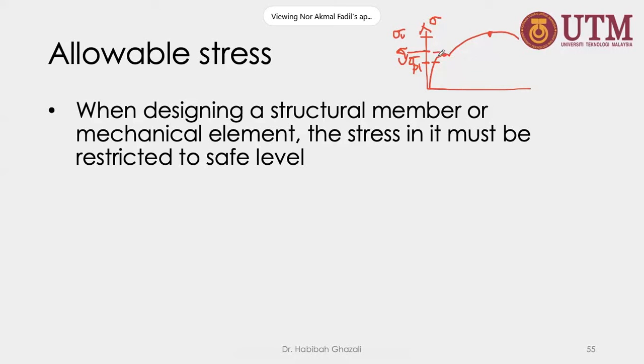The slip of your atomic planes will start to occur. So basically, this is the maximum load where it can give an elastic deformation. So is this the allowable limit for the stress on the structure? Is that allowable?